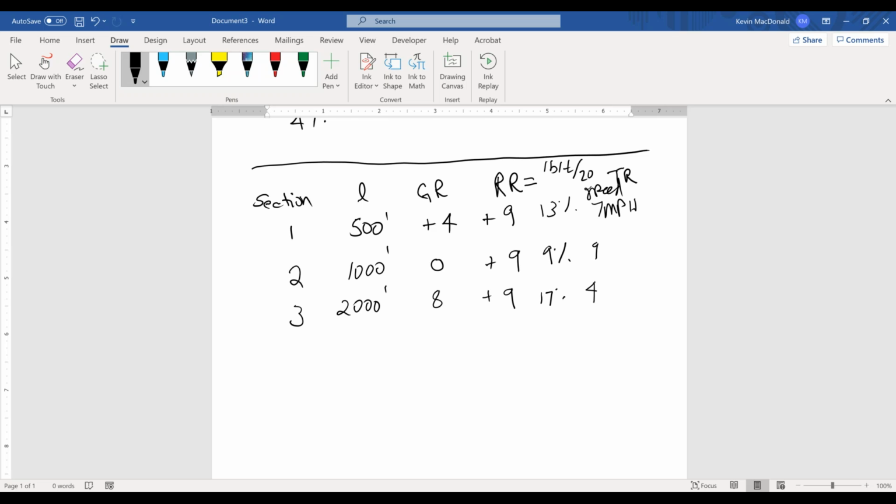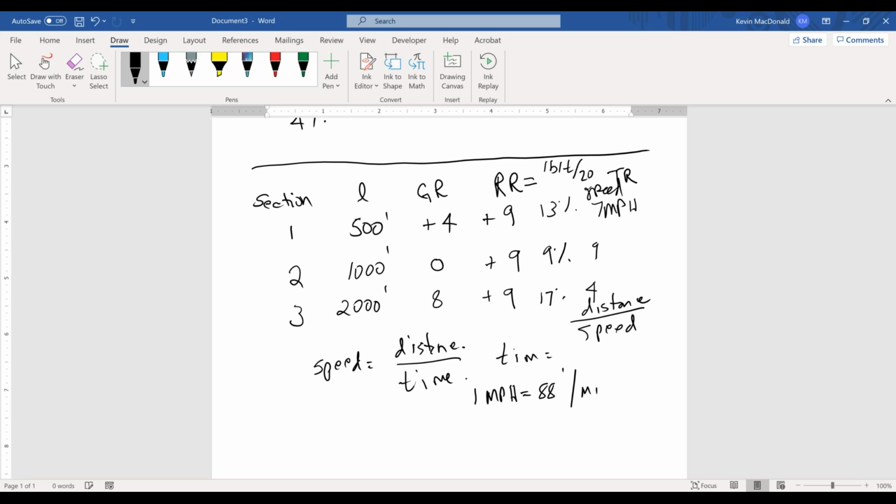And keep in mind that we know that the speed is equal to the distance over time, right? Miles per hour. So that means that the time is equal to distance divided by speed, and that 1 mile per hour is equal to 88 feet per minute.